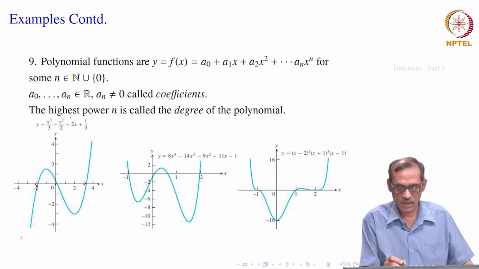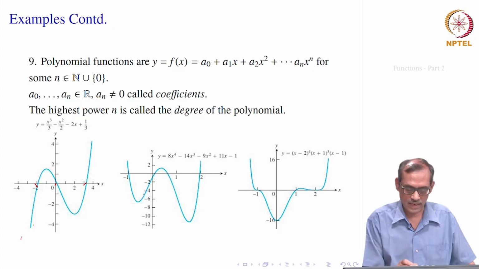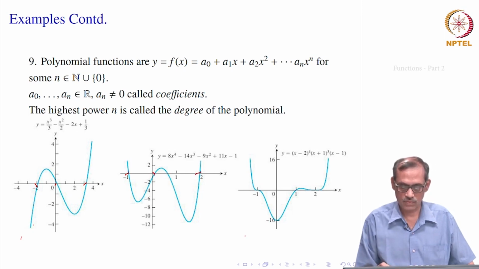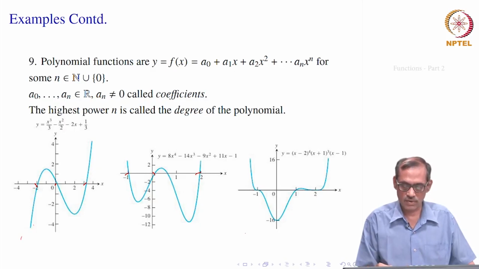Now, let us see a quartic polynomial or degree 4. So, it looks something like this. It vanishes here at minus 1 and between 0 to 1 and again near 2. So, this is how a degree 4 polynomial looks like.